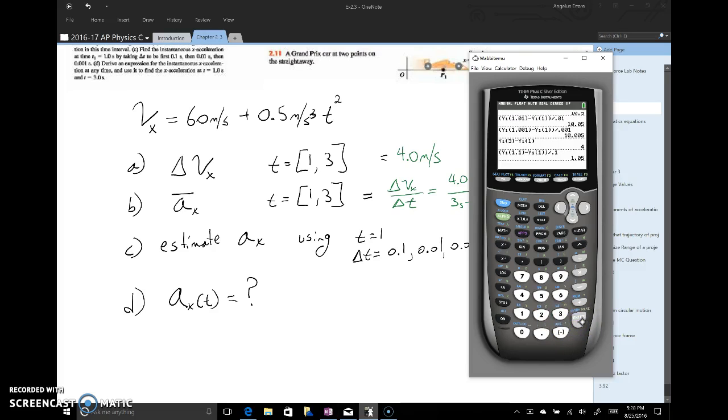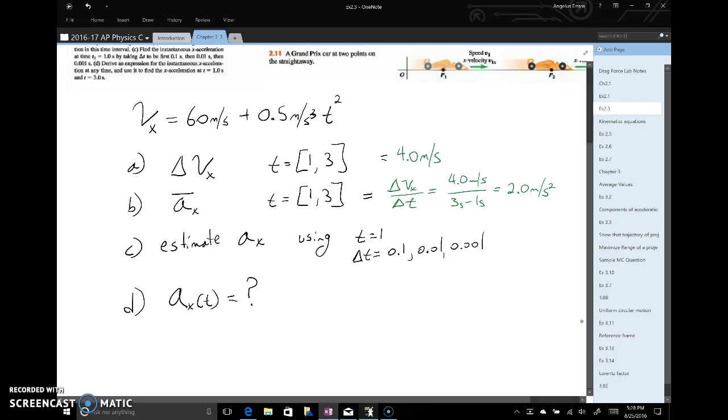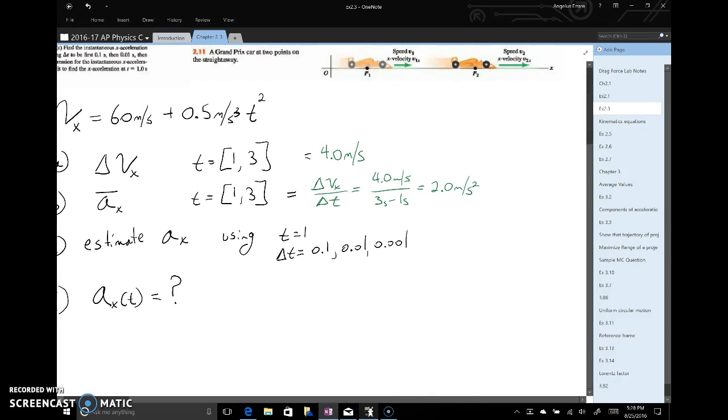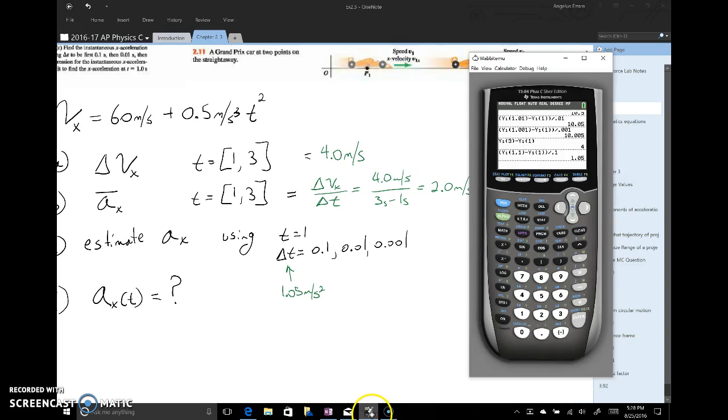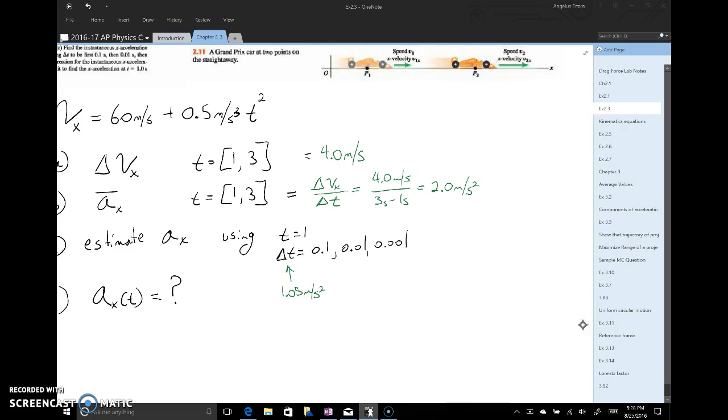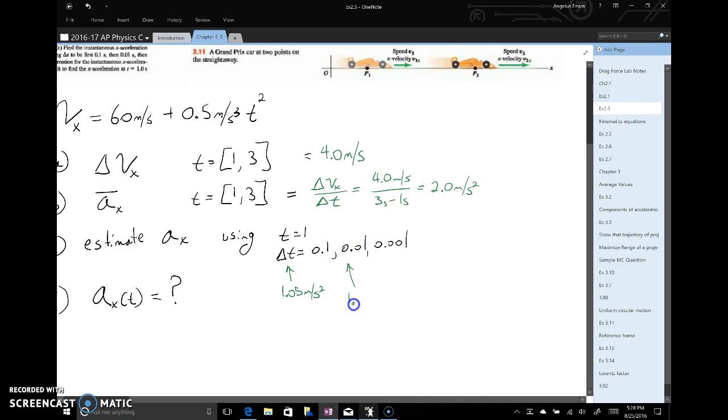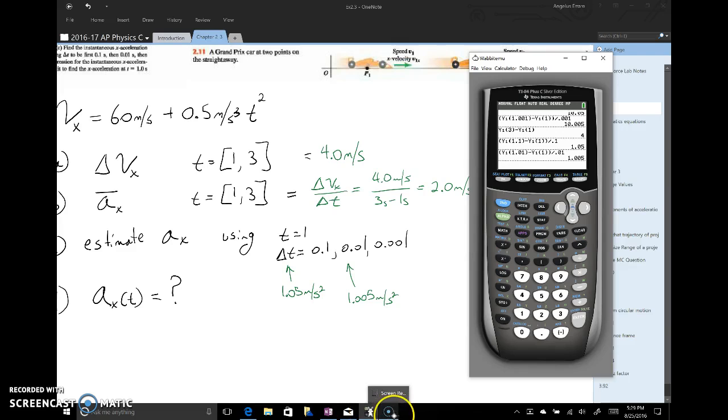So we get 1.05 meters per second squared. And then we'll do the next one. 1.005 meters per second squared. So we can see already that it appears to be approaching a value.